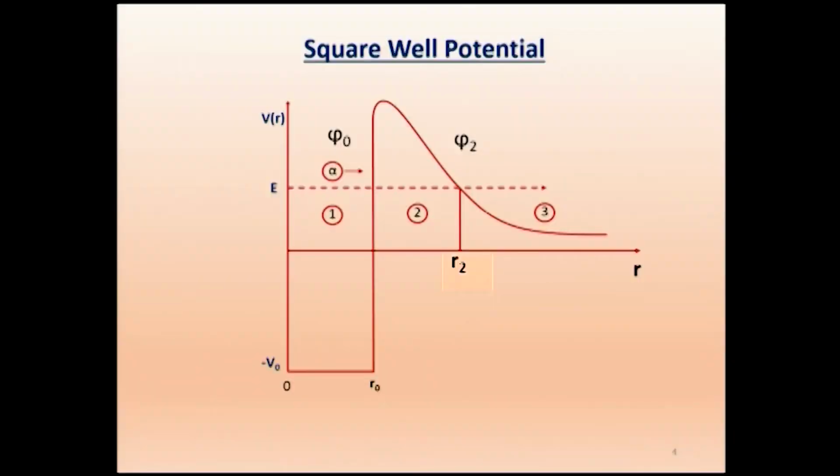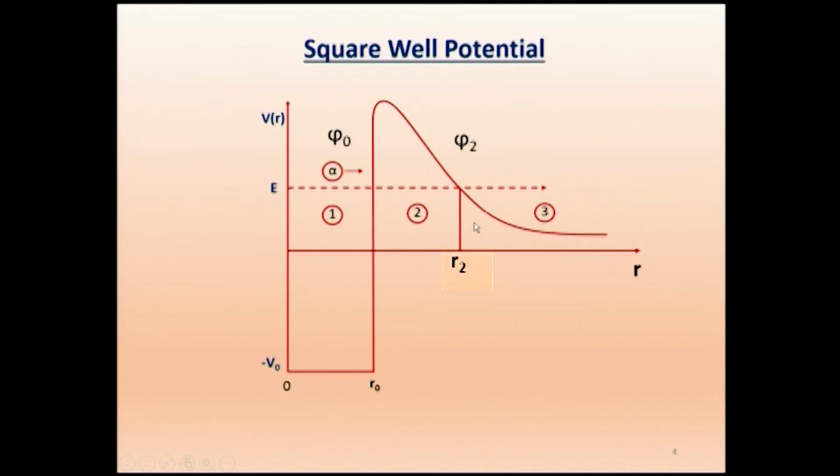I can write 2Z, with each proton having charge e. So the potential in region 2 is 2Z e squared by 4 pi epsilon 0 R. Once it comes to region 3, it is 0.